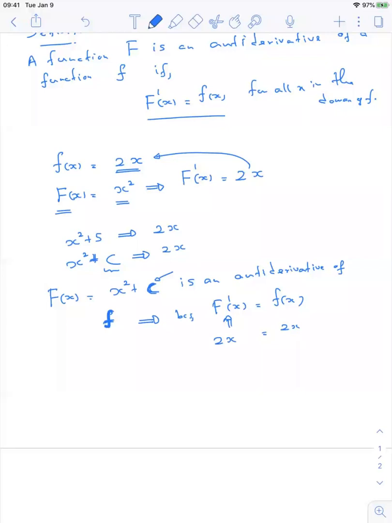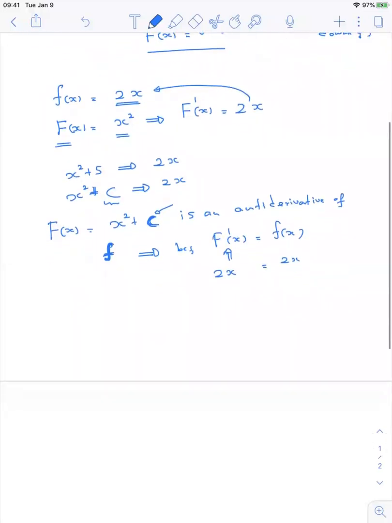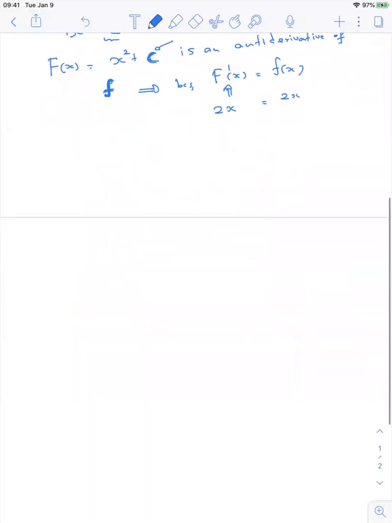Now, keeping this in mind, can you try to find the antiderivative of these functions? This will also check your knowledge of differentiation. Now let's find antiderivatives of each of the following functions.